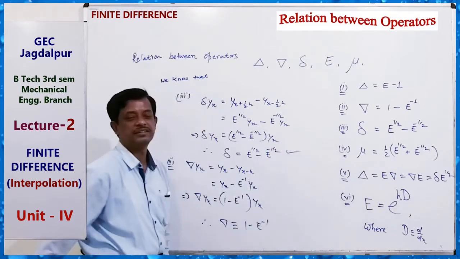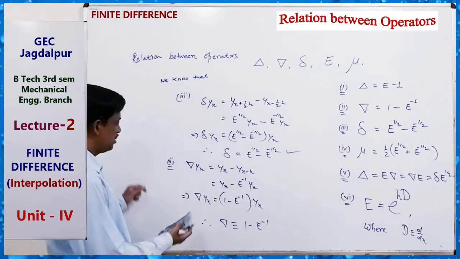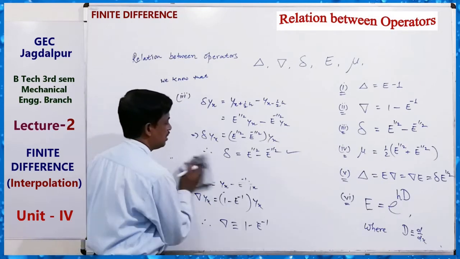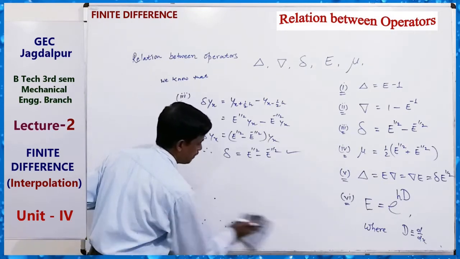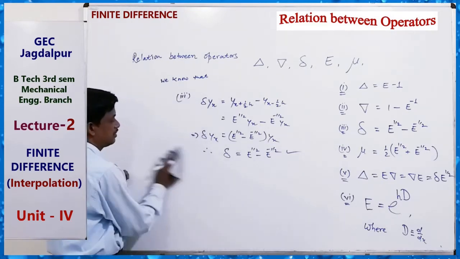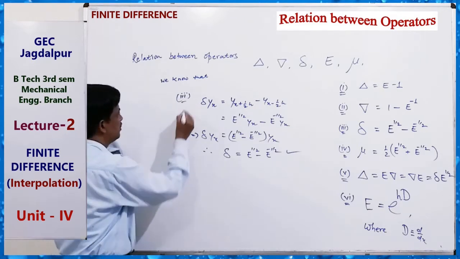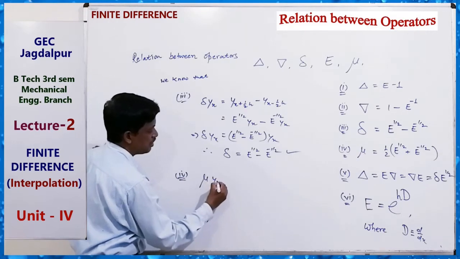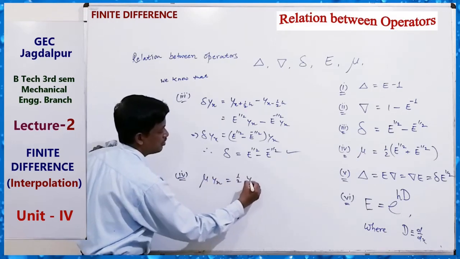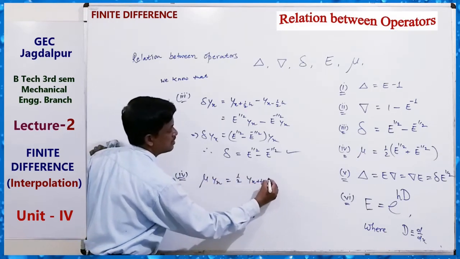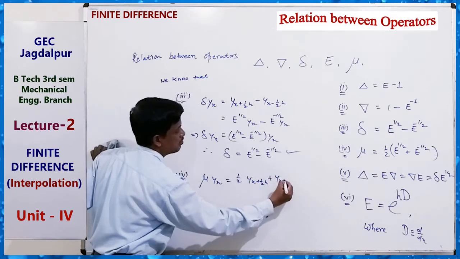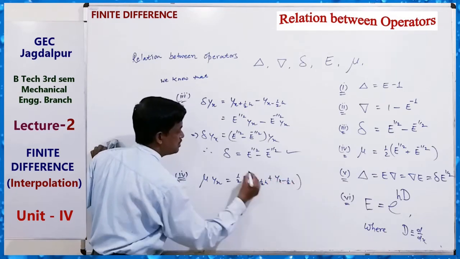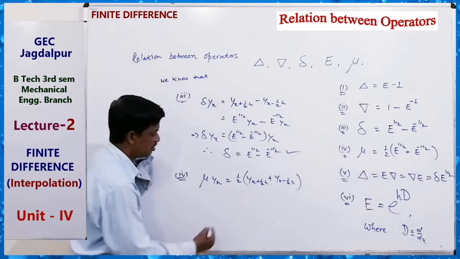This is the third part. Similarly, the average operator, the fourth part: μyx equals half of y(x plus half h) plus y(x minus half h). This is the average value definition.